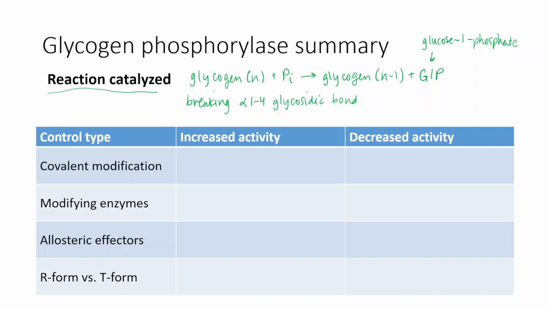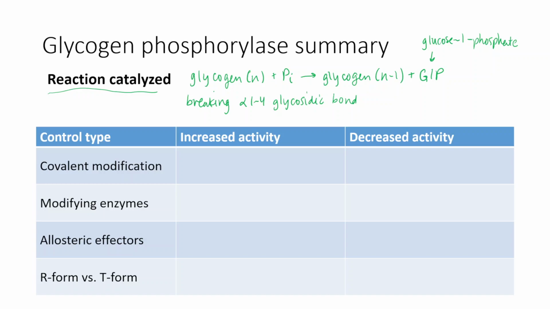All right, so the next part of this slide is about different ways that this enzyme, glycogen phosphorylase, can be controlled. So there's covalent modification. Does anybody know which covalent modification we're talking about here? Yeah, it is phosphorylation.